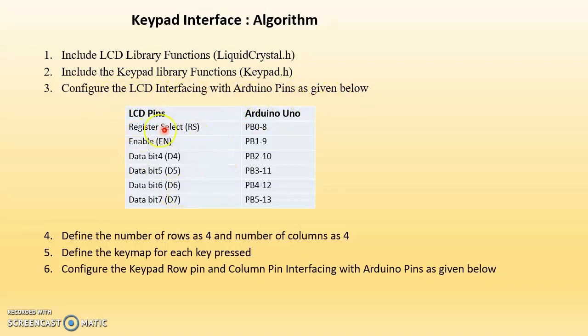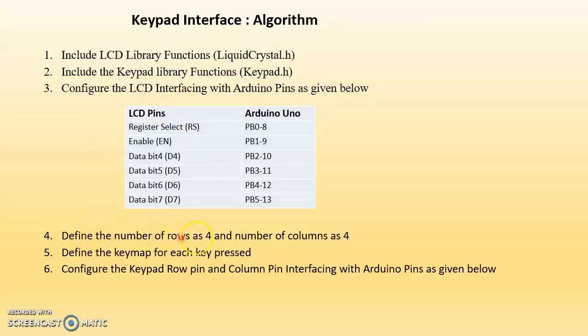We have also seen in the last video that pin numbers 8, 9, 10, 11, 12, 13 we have to connect respectively to the register select pin, enable pin, and data pins D4 to D7 of this LCD module, for making the LCD workable.